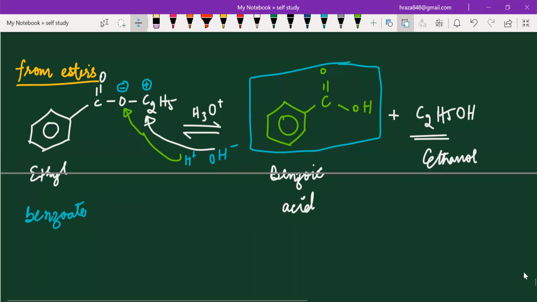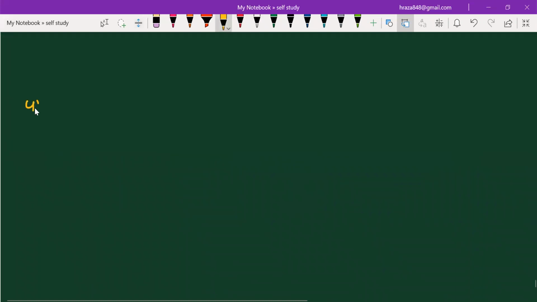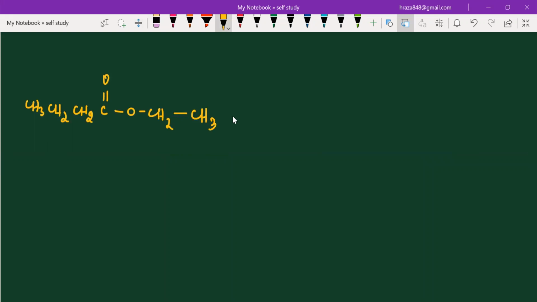Now see, if you have CH3, CH2, CH2, C double bond O, O CH2, CH3, and you are going to react this with alkali, that is basically NaOH, that means base.